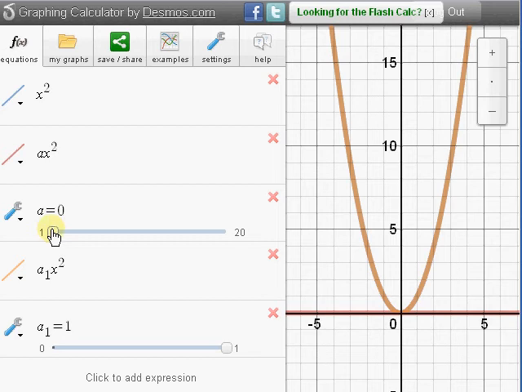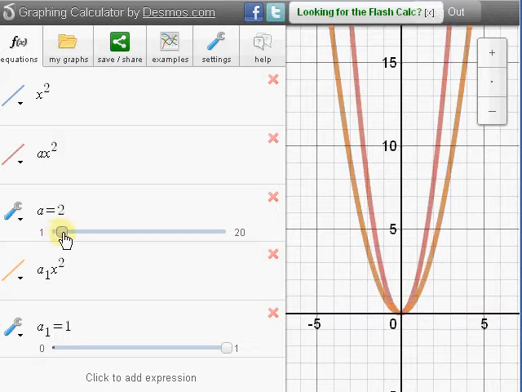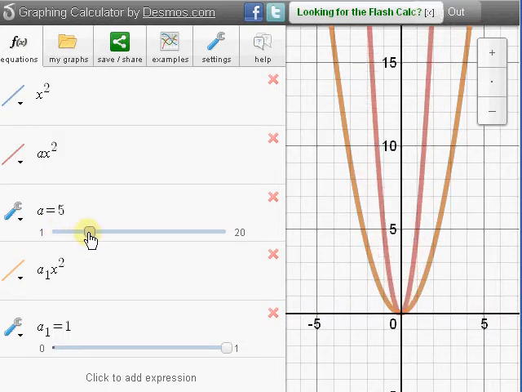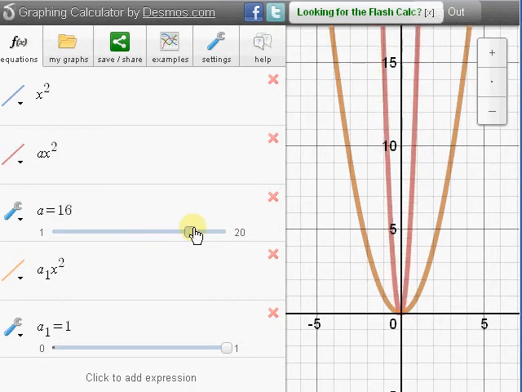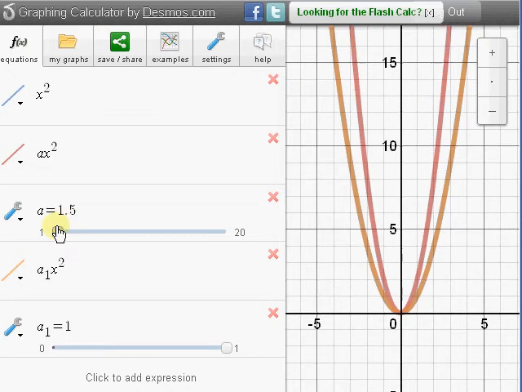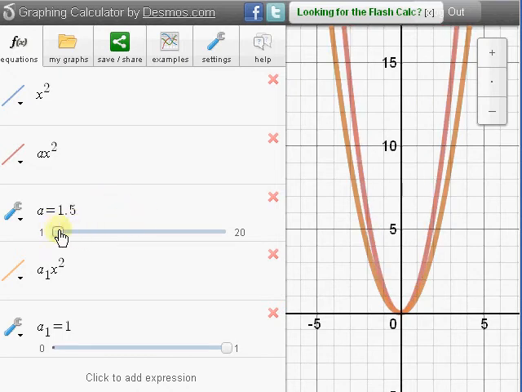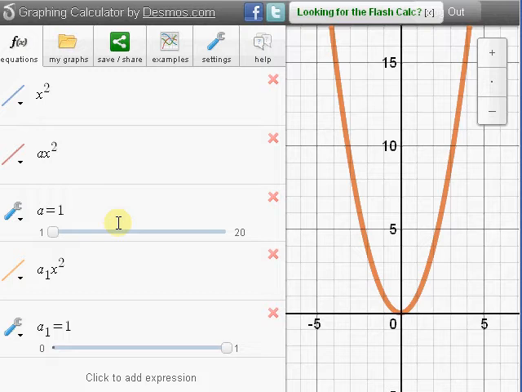Let's check and see what happens. Right now it's at 1, so it's right on top of that parent function. As I make it larger, notice what's happening to that red graph. It's getting narrower and narrower. As we get larger, narrower and narrower. And if we go back over to 1, we're back to our original parent function.